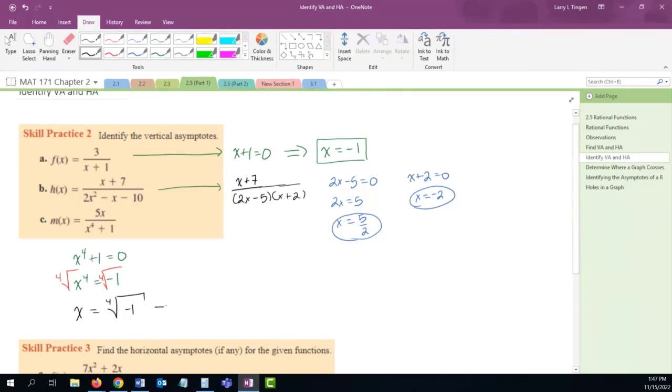So that means no vertical asymptotes, just like before. Because I ended up with a negative under an even root, I'm not going to have any vertical asymptotes here. Right? I only want real numbers that solve the denominator.